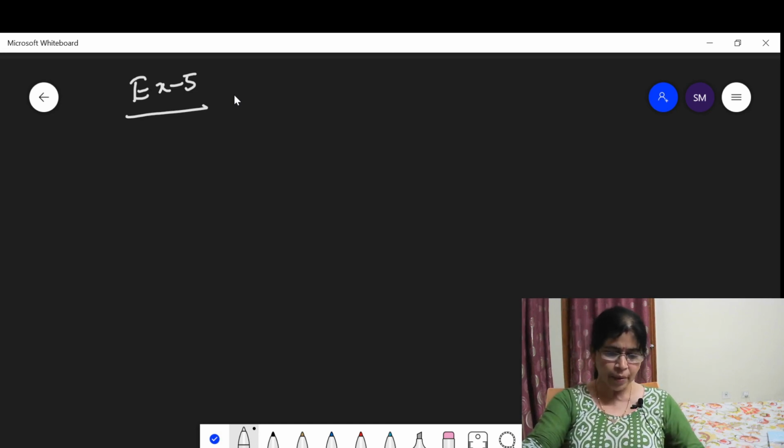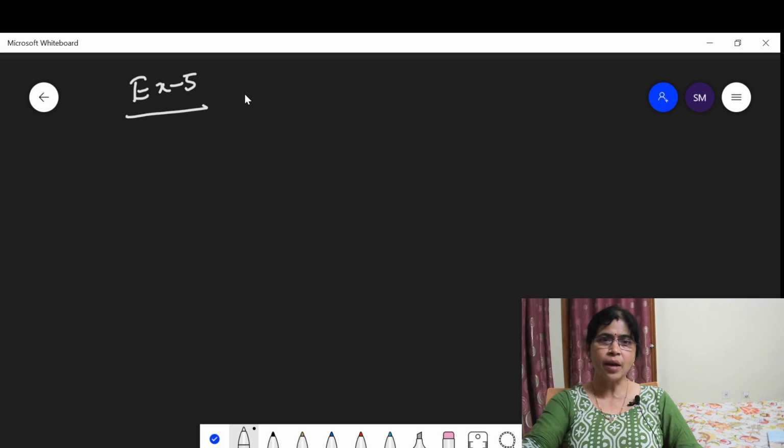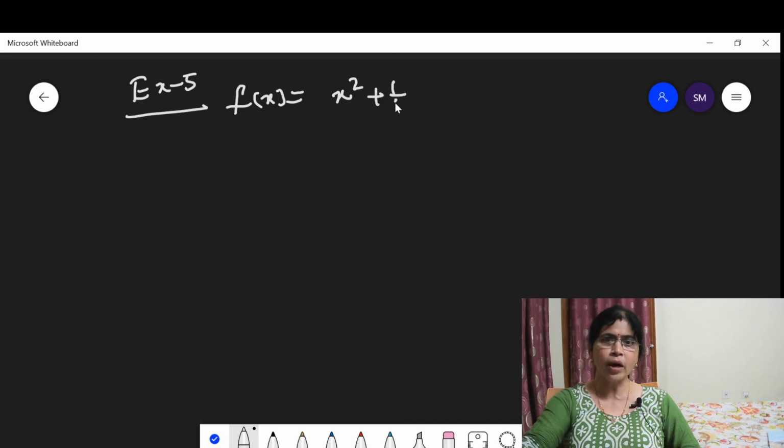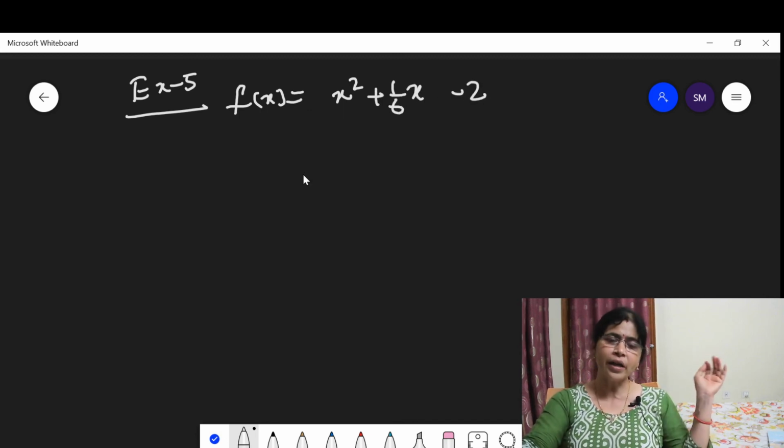Here example 5 says that f of x is given as x square plus 1 upon 6 x minus 2. Find the two zeros and verify the formula.